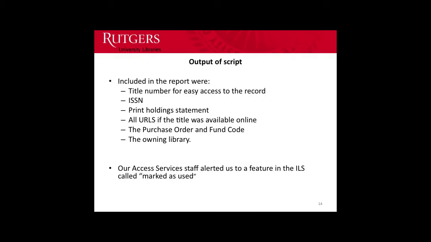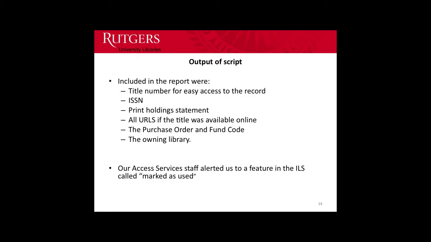Included in the report were the title number, the ISSN, all the pertinent information related to the title, but also URLs if the title was available online. It didn't matter who provided it. It was every provision for that title, and in many cases we had multiple provisions for a particular title.